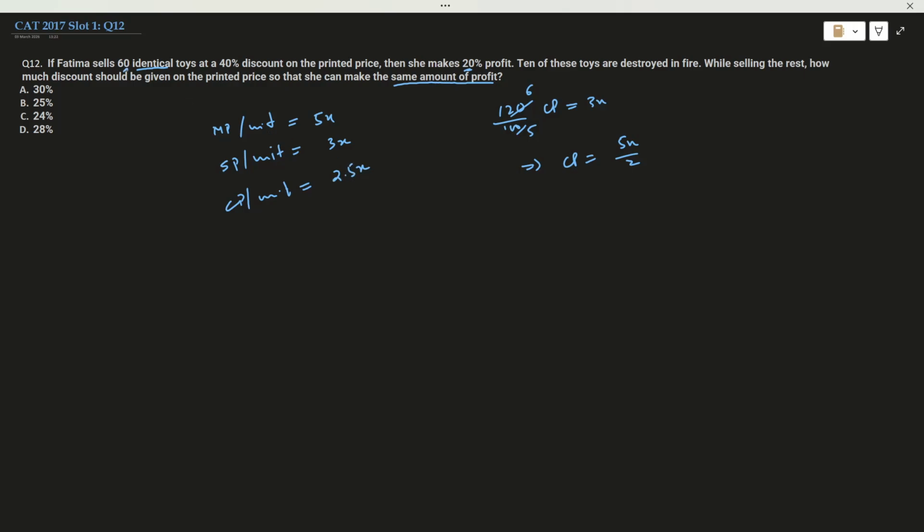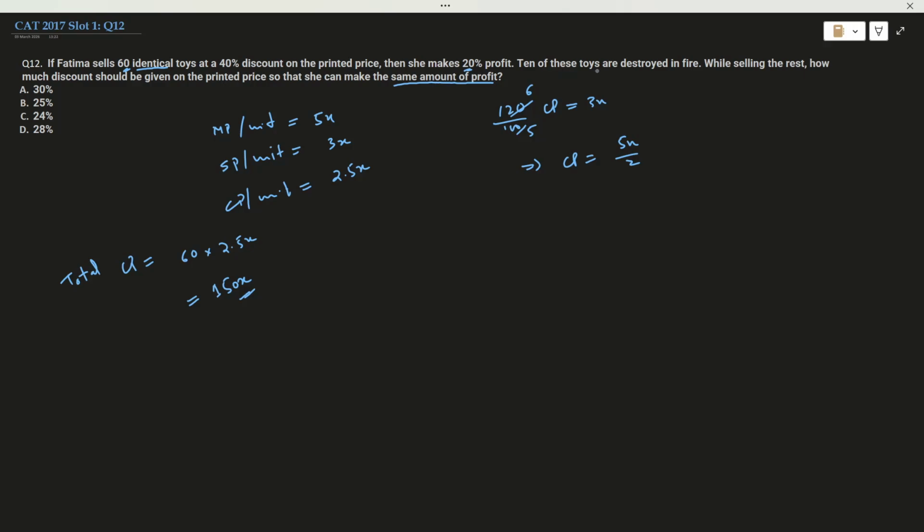And she is buying 60 identical toys. So what is the total cost price for Fatima? Total cost price for Fatima will be 60 into 2.5x, which is 150x. 150x is the total cost price for her.